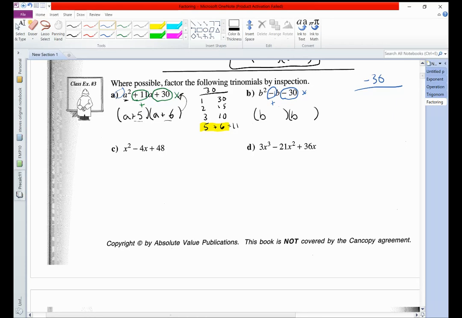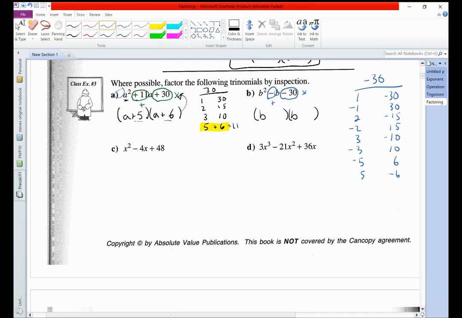So to get negative 30, it's 1 multiplied by negative 30, or negative 1 multiplied by 30. 2 multiplied by negative 15, negative 2 multiplied by 15, 3 multiplied by negative 10, negative 3 by 10, negative 5 multiplied by 6, 5 multiplied by negative 6.